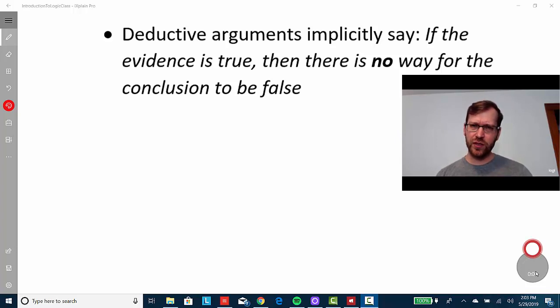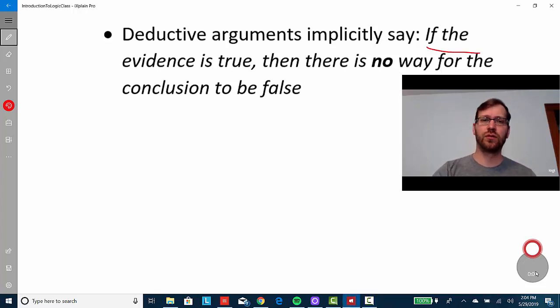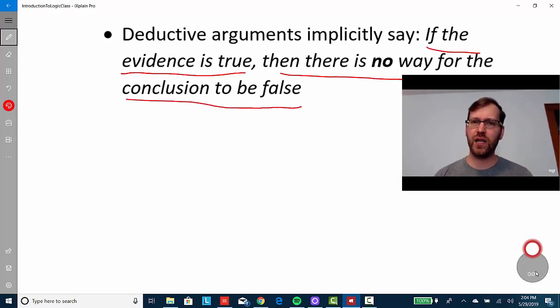So implicitly, especially in a deductive argument, what you're saying is if the evidence is true, if that evidence that I gave you is actually true, then there's no way for the conclusion to be false. We can see why that would be convincing.